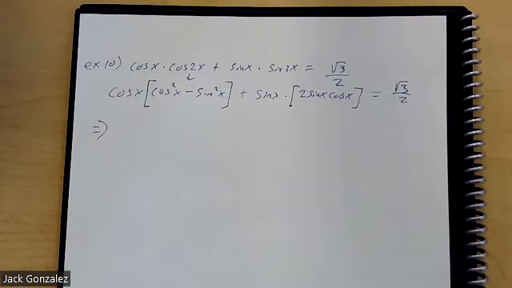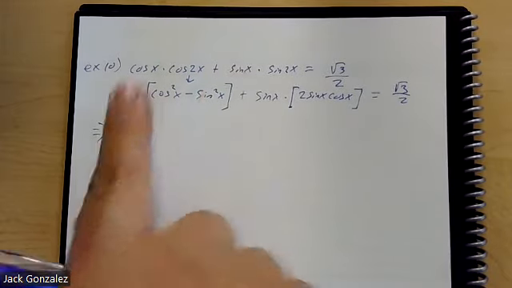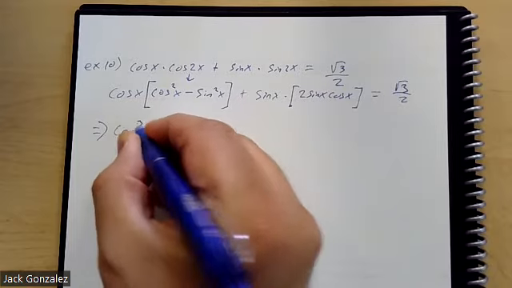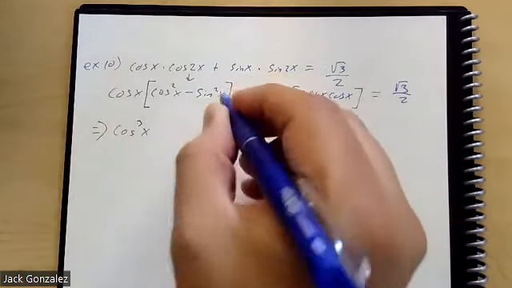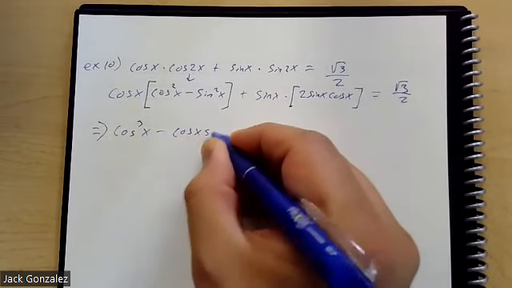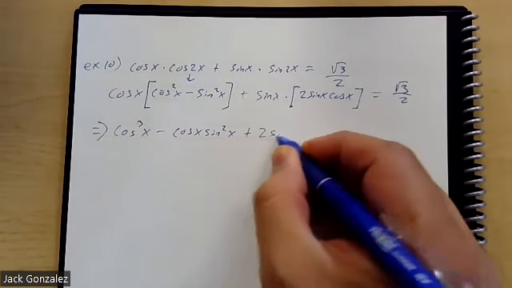And put an arrow because it's already equal to something, so too many equals looks weird. Distribute the cosine on every single one, distribute the sine. Well, this is not a distribution, it's just a product, but this is a distribution. Cosine times cosine squared. Cosine times sine squared. Sine times that would just be 2 sine squared.